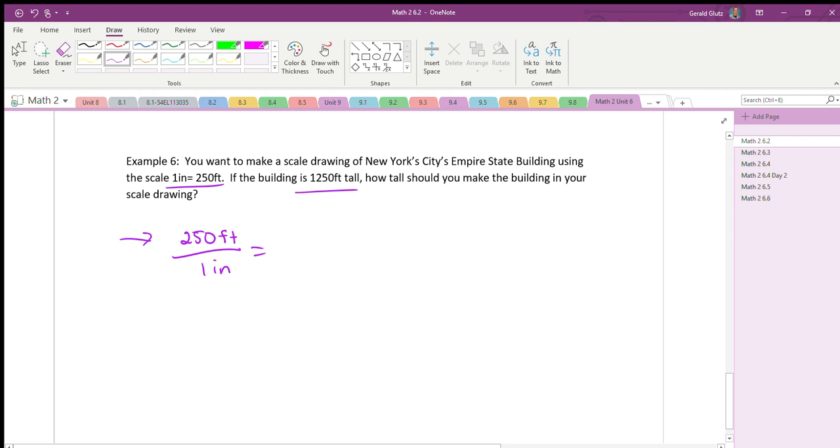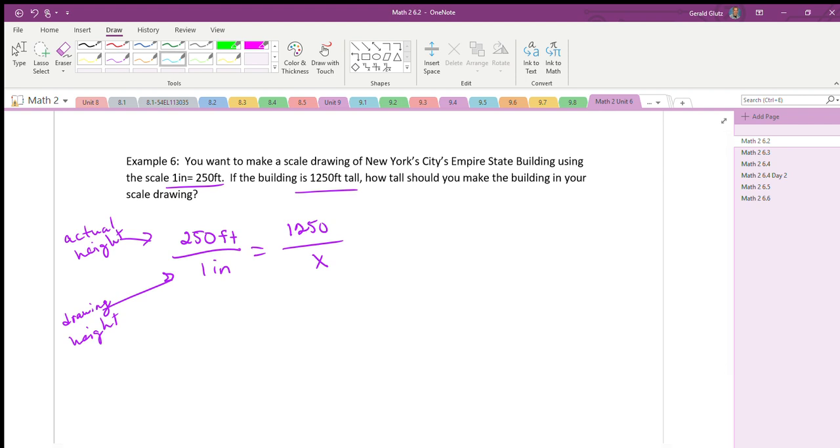So the top of my fraction is the actual height. The bottom of my fraction is the drawing height. So on the other side, the actual height of the building is 1250. So I'm going to put that on top because I have the actual height on top over here. The drawing height is what I'm trying to figure out. So I don't know what that is, so it's going to be x.